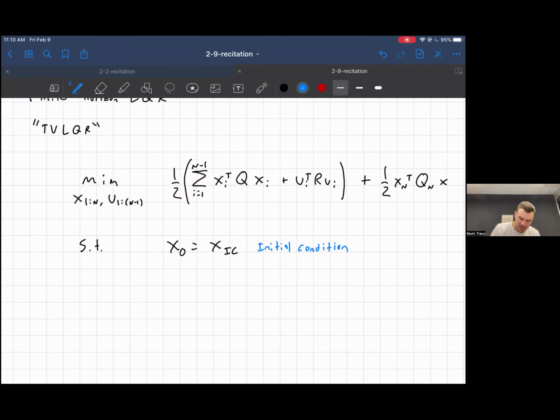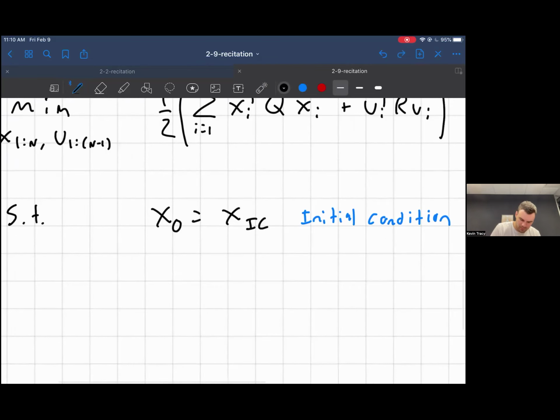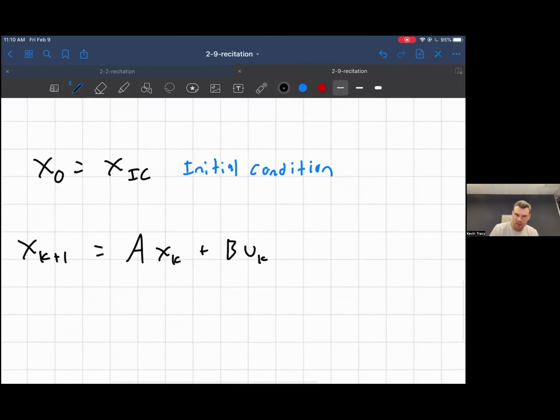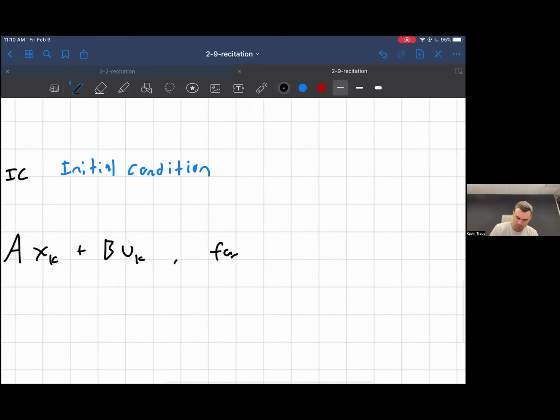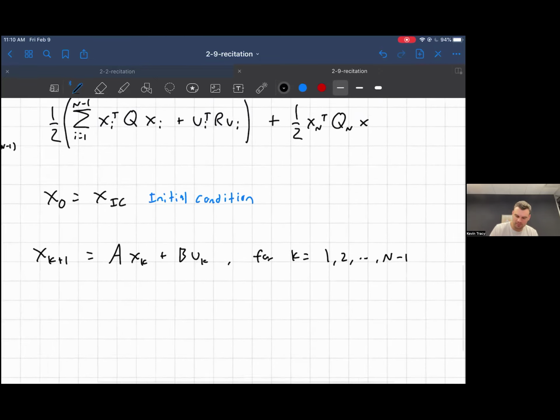And then our dynamics constraints are x_{k+1} equals A x_k plus B u_k, for k equals 1, 2, and so on up to N minus 1.